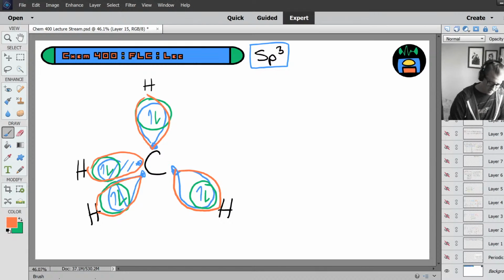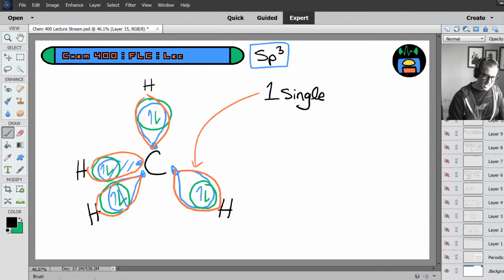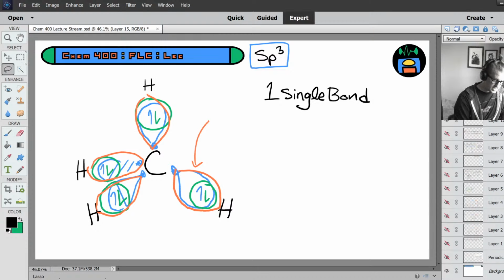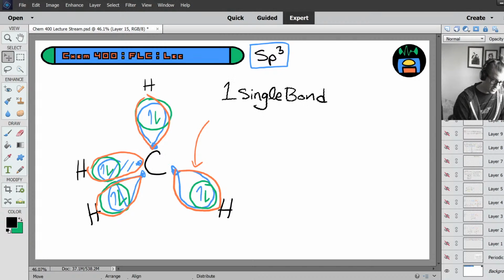Now, I want to spend a minute to talk about the type of bond that has been formed. Up to this point in time, we've been calling these single bonds. And that's fine as a name, it's not the formal name for this type of bond. One single bond is called a sigma bond.